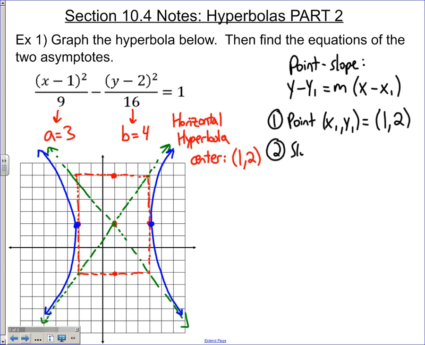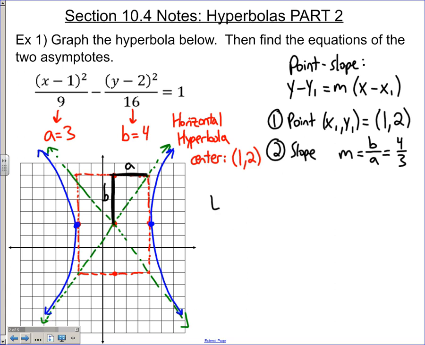We also need a slope, m. To find the slope, I look on my graph and figure out what my rise and run are. My rise from the center is that b value, and my run over is my a value. So my slope is b divided by a, which in this case is 4/3.